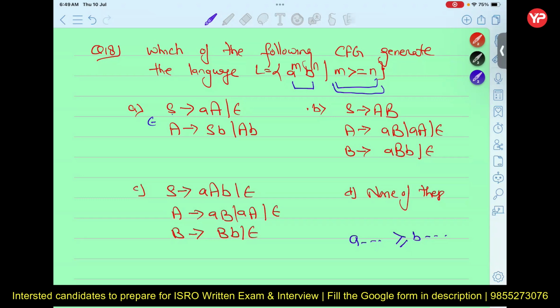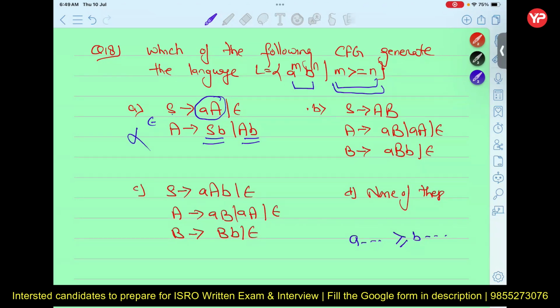You can generate the case where the number of a and b is equal to 0. Then it generates any number of a. Then again, the problem is it can generate any number of b also. Fine. So this is wrong.